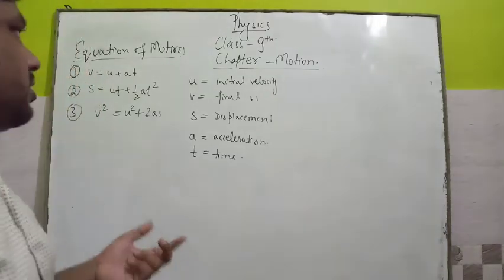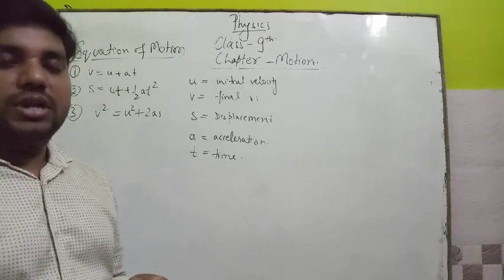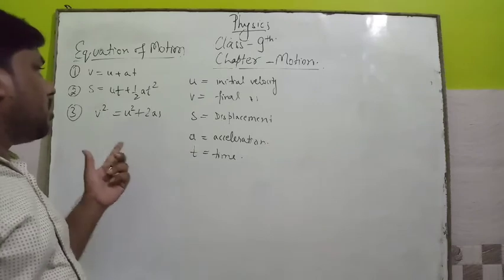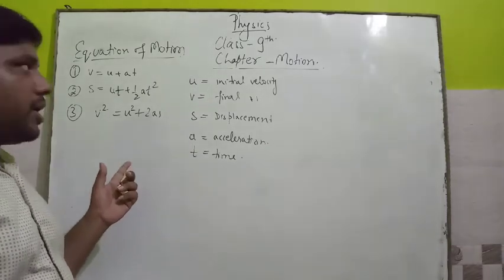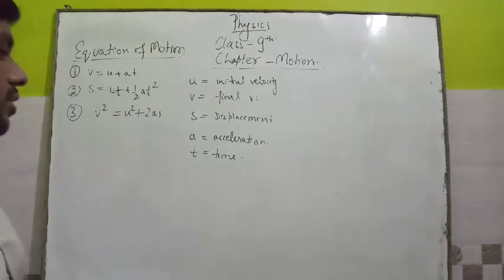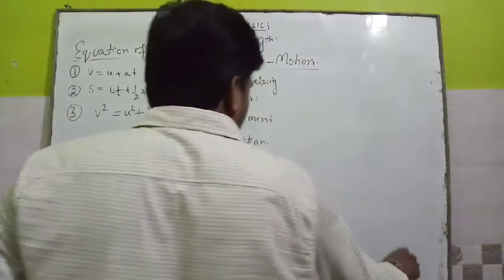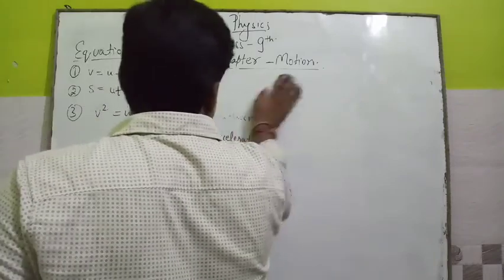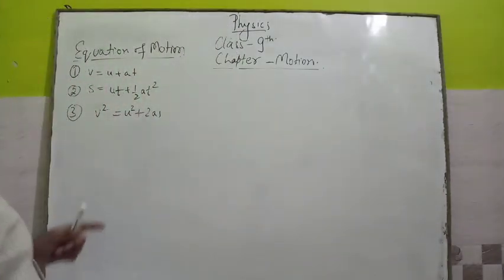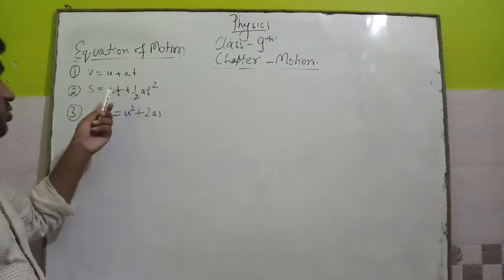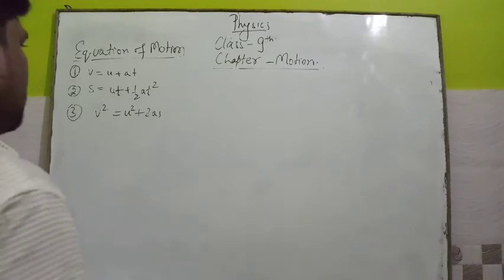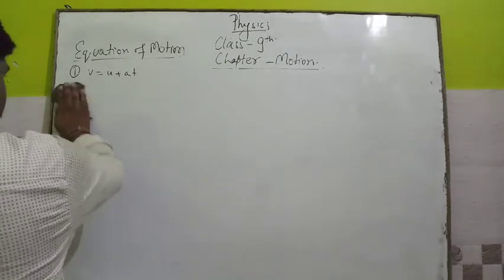First we will derive by mathematical formulation. Now we will derive the first equation of motion. This is known as the first equation of motion, this is the second equation of motion, and this is the third equation of motion. Clear?